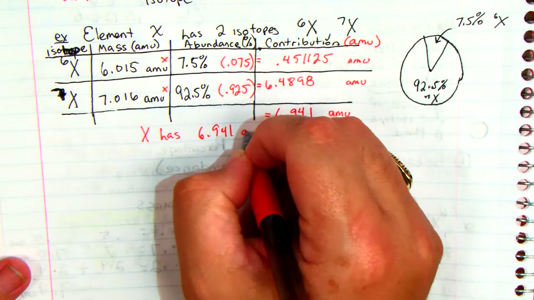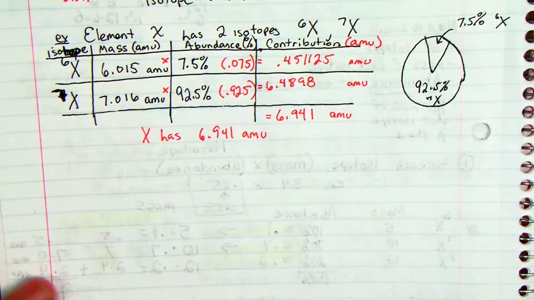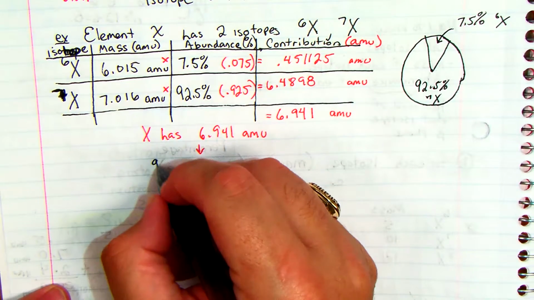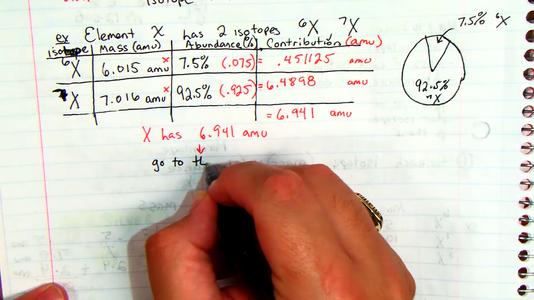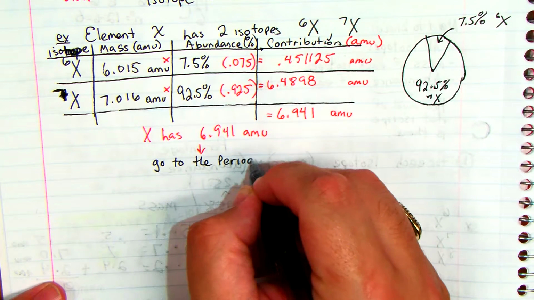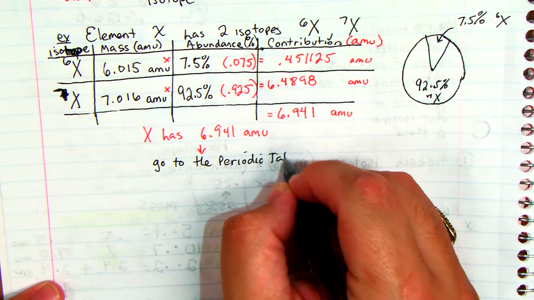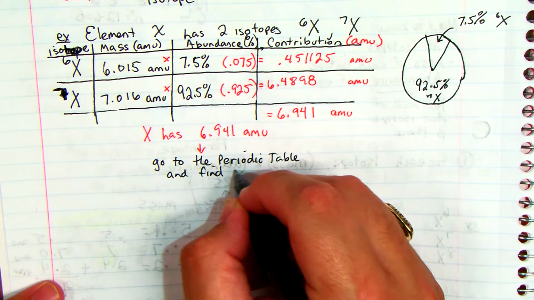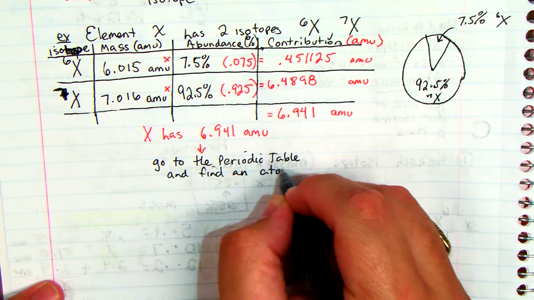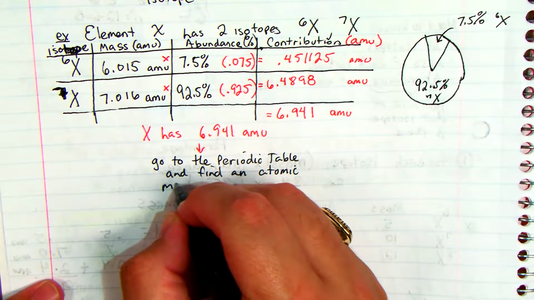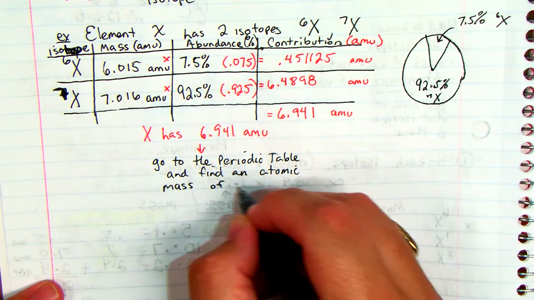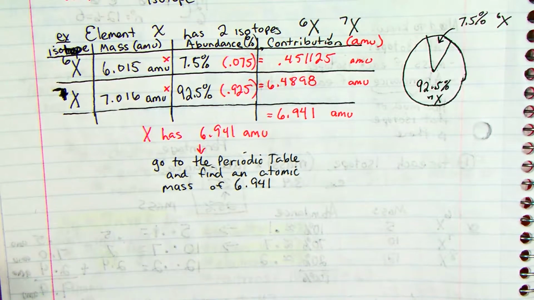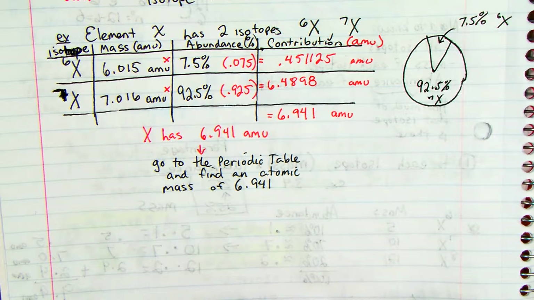Now, after this, go to the periodic table and find an atomic mass of 6.941. Yeah, I added these two together.